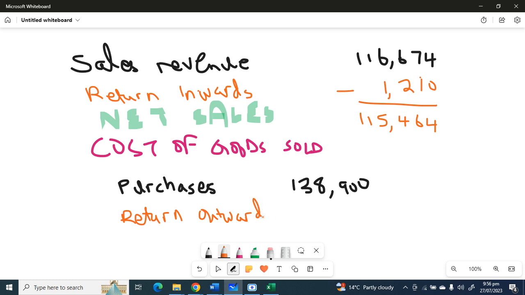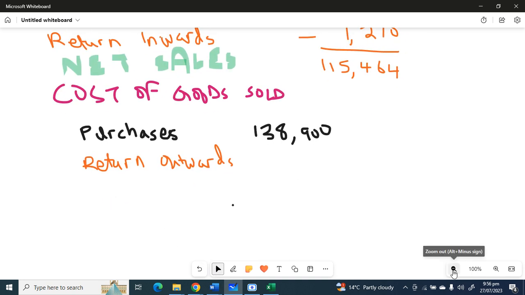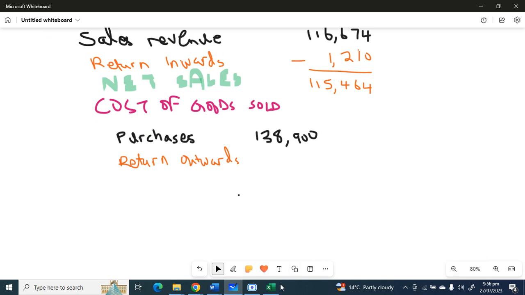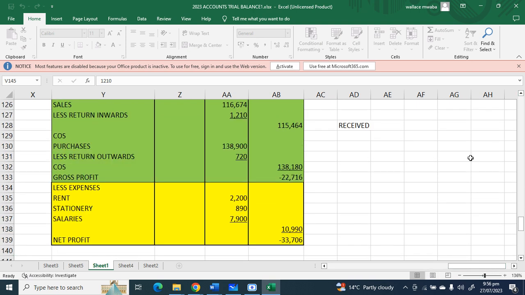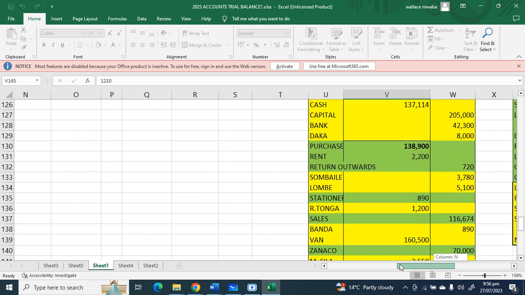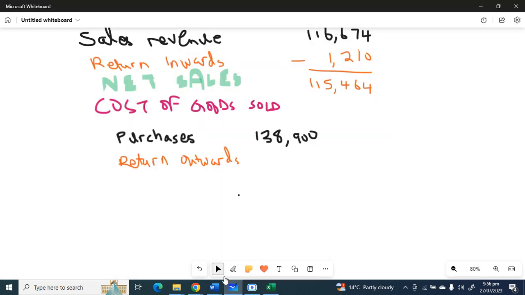How much was return outwards? 720. Return outwards 720. Okay. We subtract.